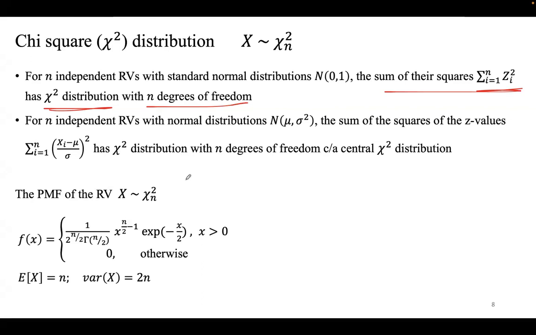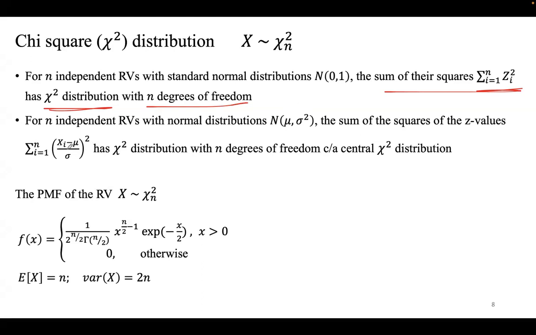There's a slight more change. So if instead of those random variables being standard normals, they're just normal distributions, so they do have a non-zero mu and a non-1 sigma square, then also you can take the sum of the squares, but now you take the sum of the squares of the z values, right?